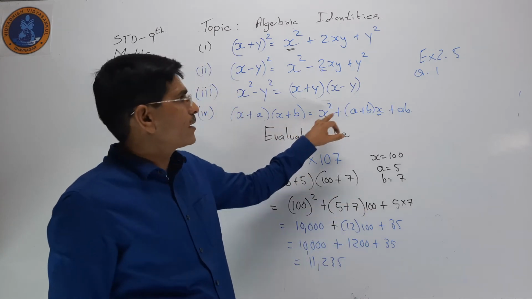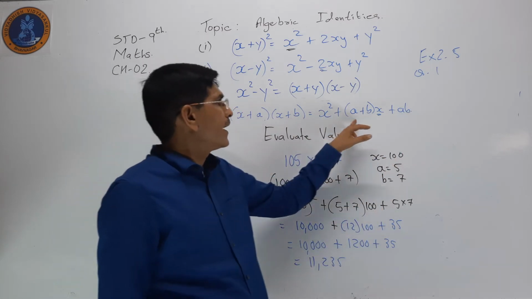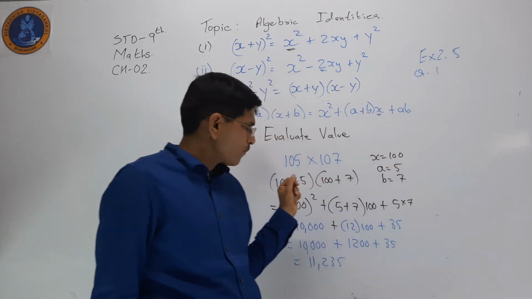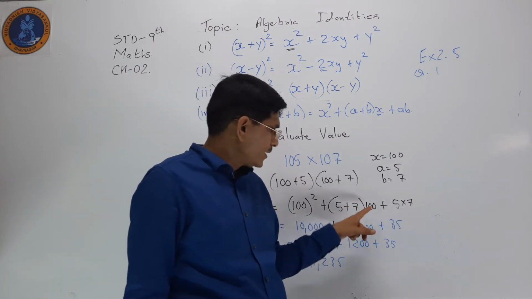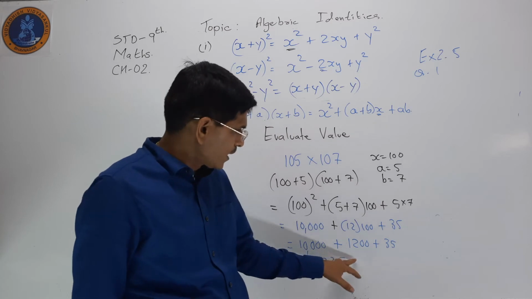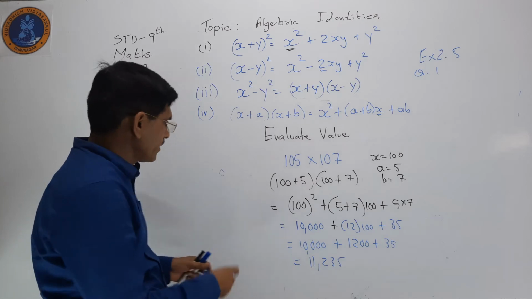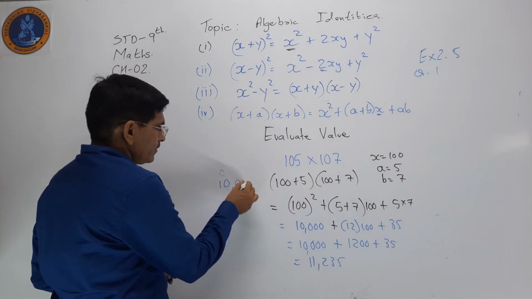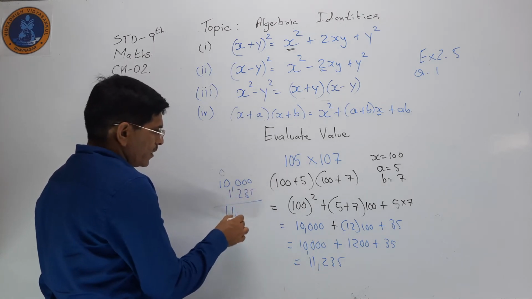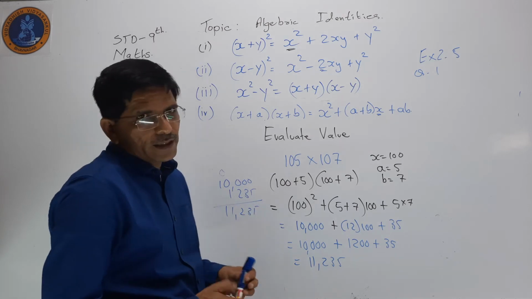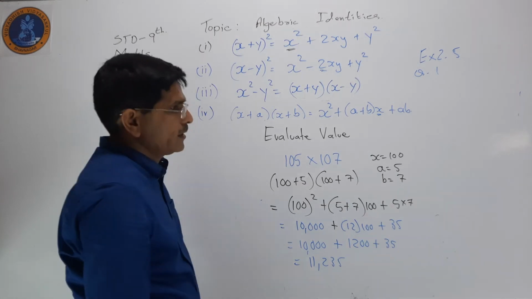Now x square plus (a plus b)x plus ab: x square, so 100 square, 10,000. a plus b, that is 5 plus 7, that is 12. 12 into 100, 1200, plus 35, so 1235. 10,000 is there, so if I write 10,000 here and 1235, then I will get 11,235.